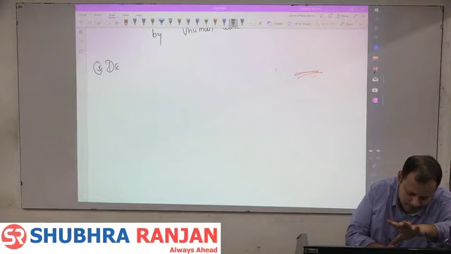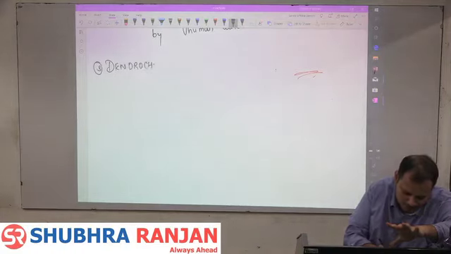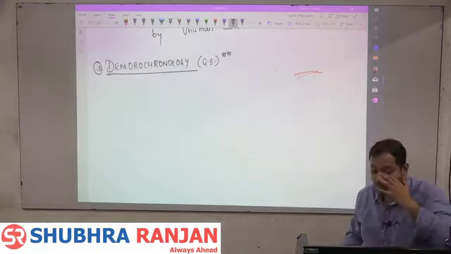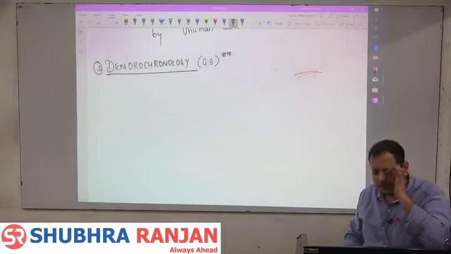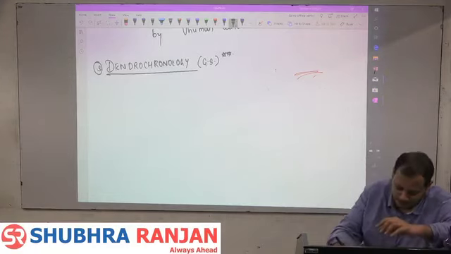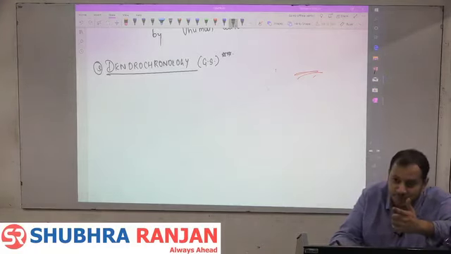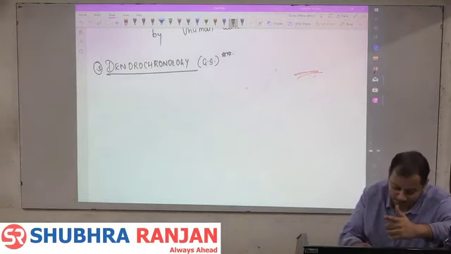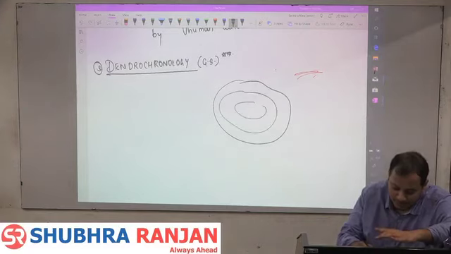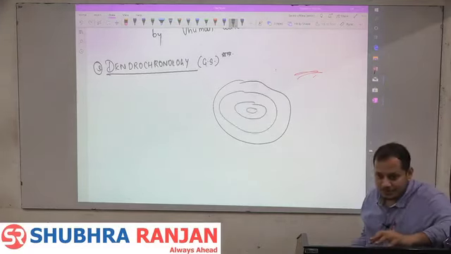Third, dendrochronology. Do this very properly even for GS. Can someone tell me what is dendrochronology? Yes, study of rings in the tree. This is a tree. If you cut the tree, there will be rings in the tree. That is what is known as dendrochronology.